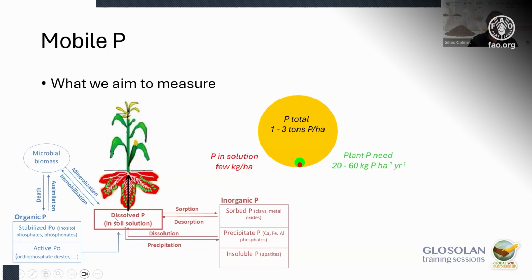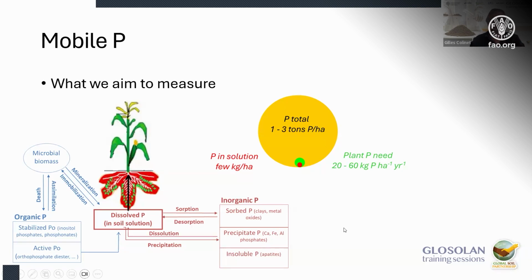And so the plant is obliged to take the phosphorus that is in soil solution. And this soil solution must be fed by the reserves of phosphorus in the soil. And the reserves of phosphorus are either organic or inorganic phosphorus.